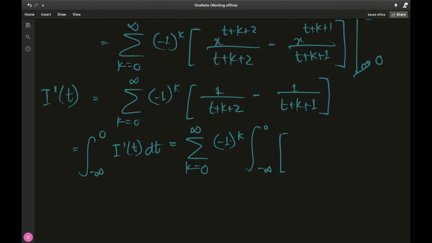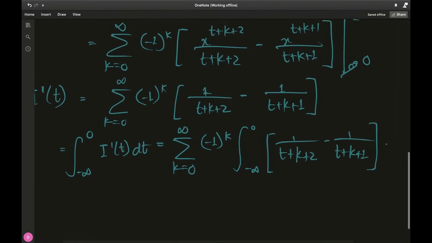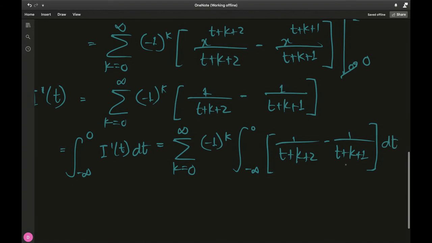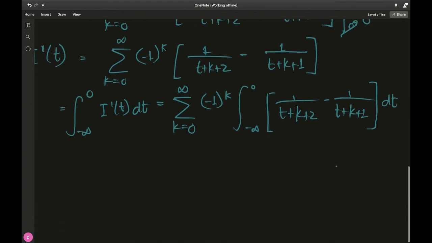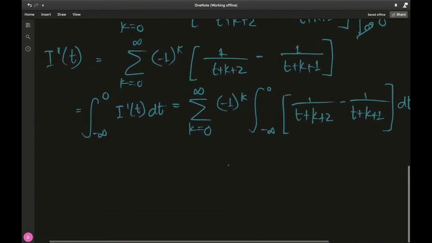The only k part is independent of t. So 1 over t plus k plus 2 minus 1 over t plus k plus 1, and a dt.